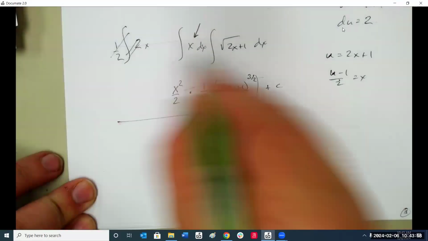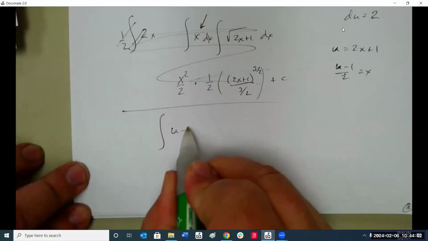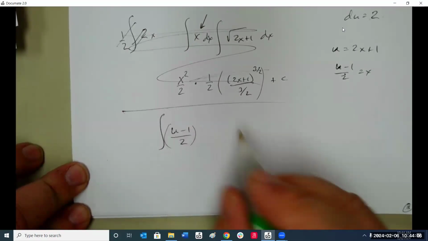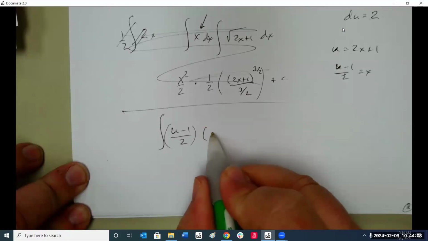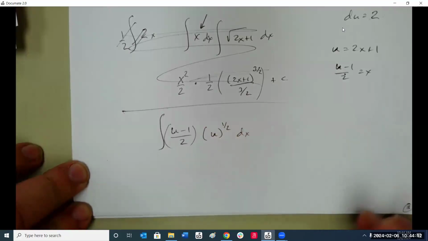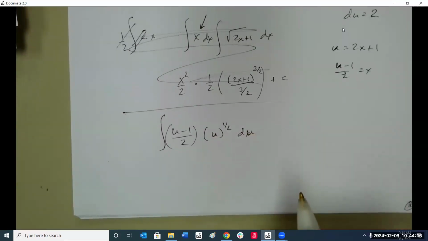So we have u minus 1 over 2, u to the power 1/2, and du, which is going to be 2.